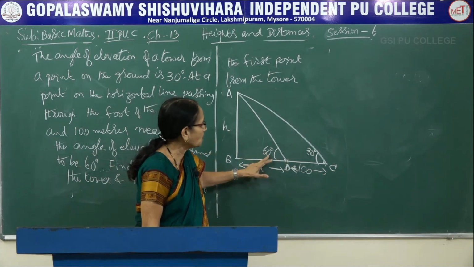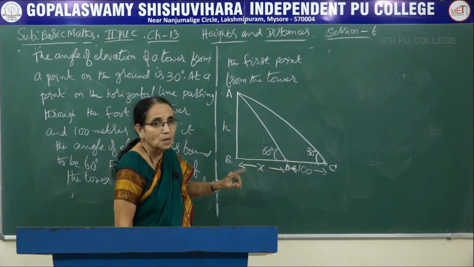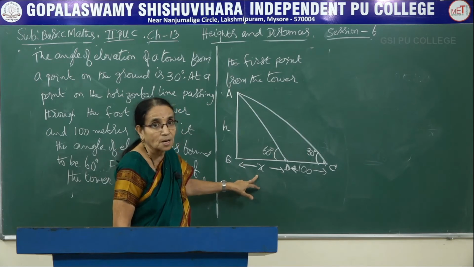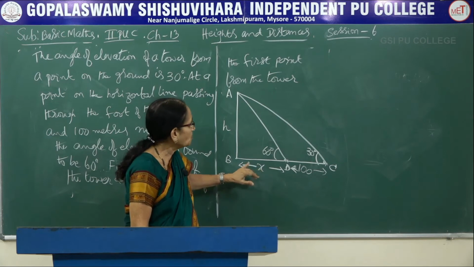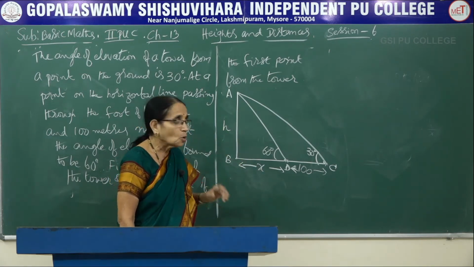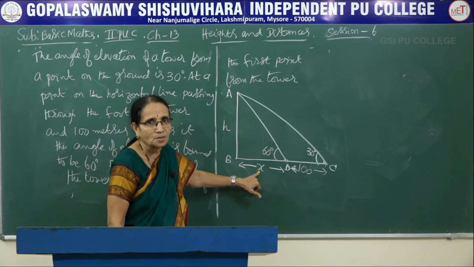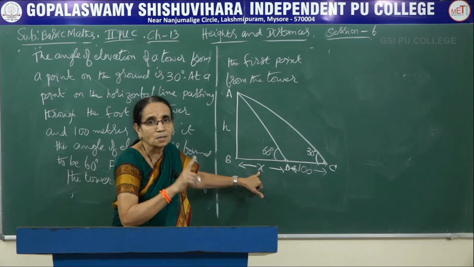We know this angle and this distance, CD. To get BC, you should know x. So you have to get h as well as x, both of them have to be calculated. In the earlier problems, though one distance we had denoted as x, we had eliminated it because we were not interested in finding that distance.